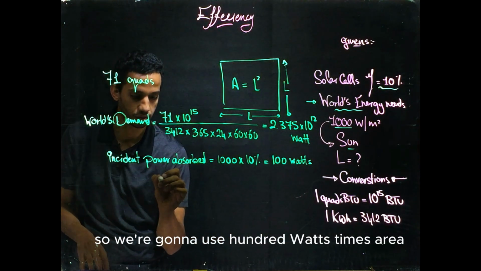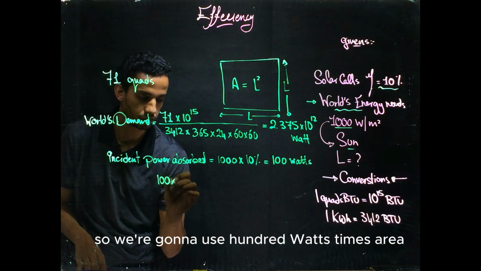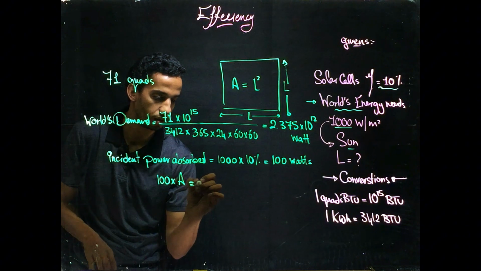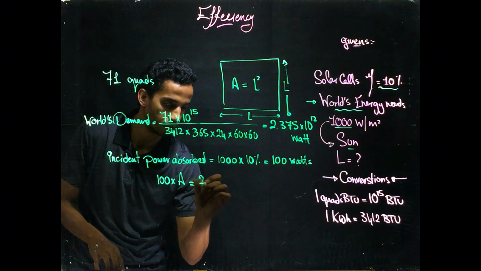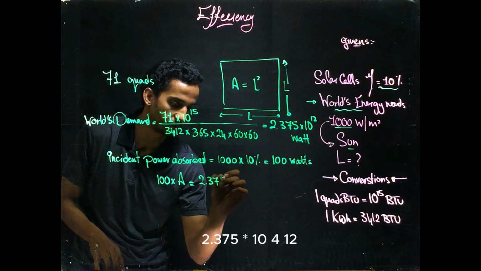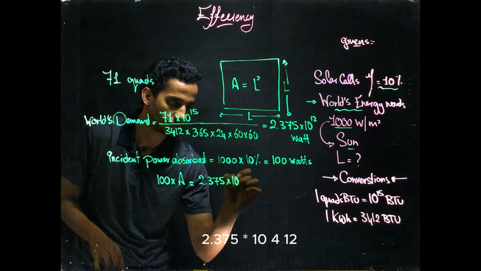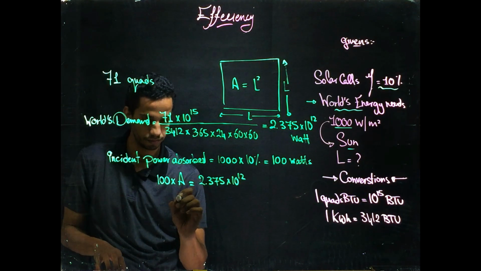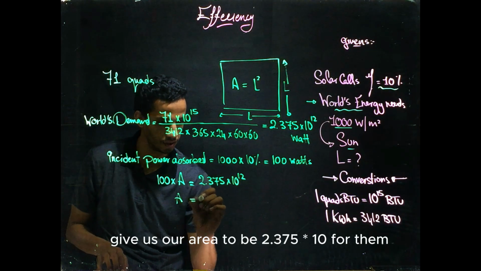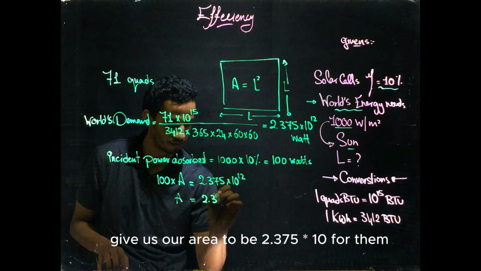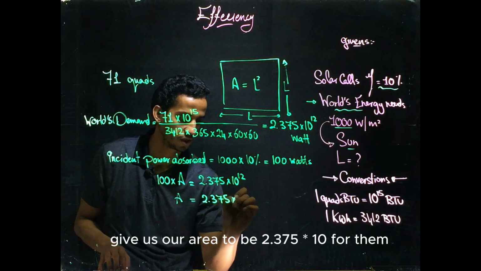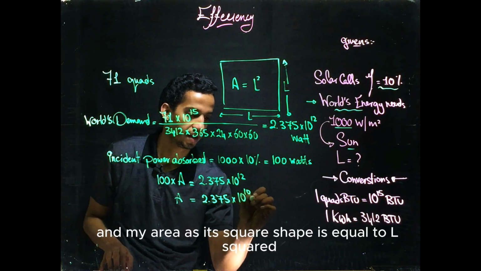So we use 100 watts times area equals 2.375 times 10 power 12, which gives our area as 2.375 times 10 power 10 square meters.